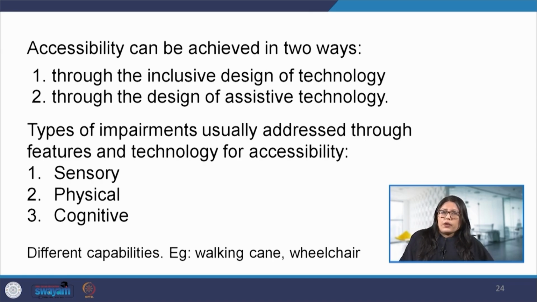One is through inclusive design of technology and the other is through assistive technology. The three broad types of impairments are sensory, physical, and cognitive, like I mentioned earlier. Depending on the level of capability of the person, we will see whether an inclusive design strategy will take care of the issue or whether we have to go for an assistive technology.